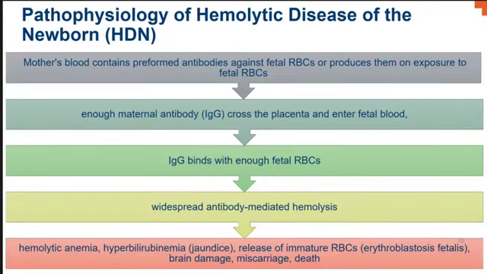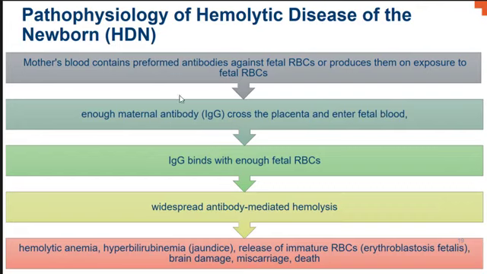Let's look a little bit at the pathophysiology of hemolytic disease of the newborn. Whether we're talking about ABO incompatibility or RH incompatibility, the mother either contains preformed antibodies that wouldn't like the fetal blood, or she produces them upon exposure, and that's where we talked about the second pregnancy being a problem.